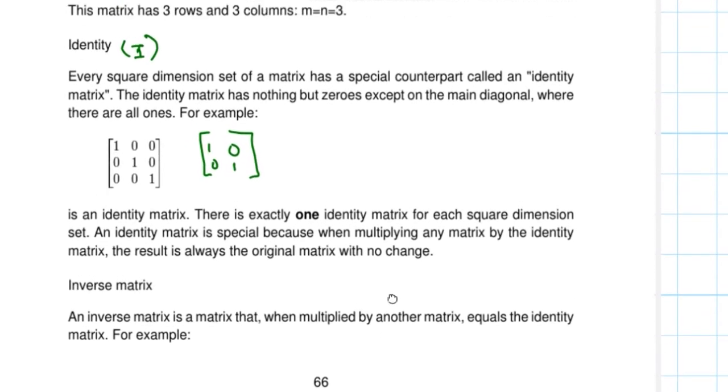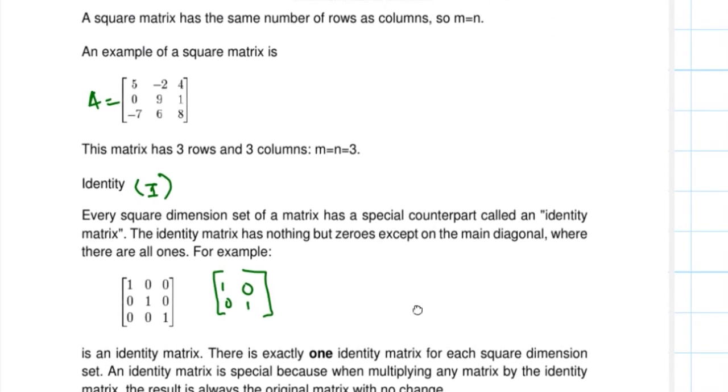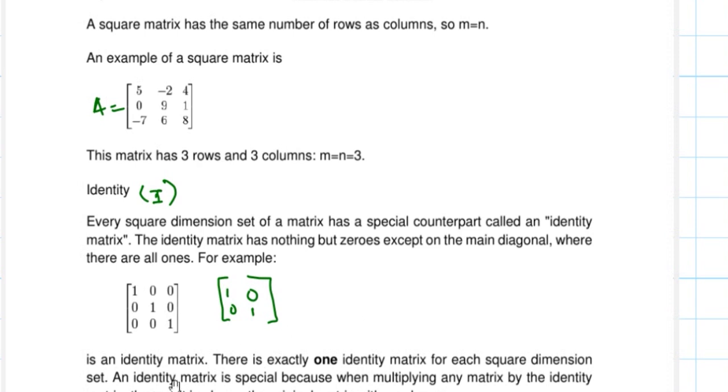Before we get to inverse matrix, there are some other kinds of special matrices as well. We spoke of the square matrix. Now 1 2 3, this is a column matrix. This is a kind of special matrix as well.